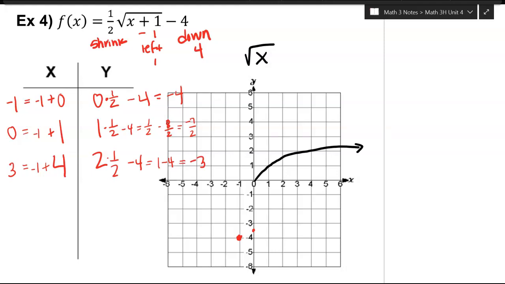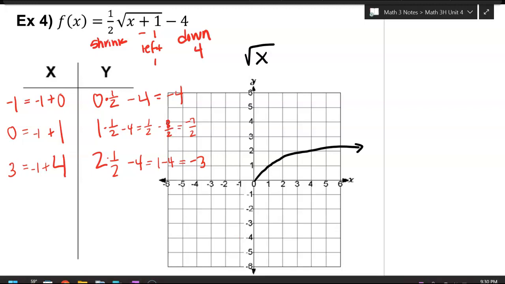All right. So at 3, -3 is our next point. All right, so if we connect those dots together, it kind of makes it more of a flat line. Let me see if I can curve that a little bit better here.